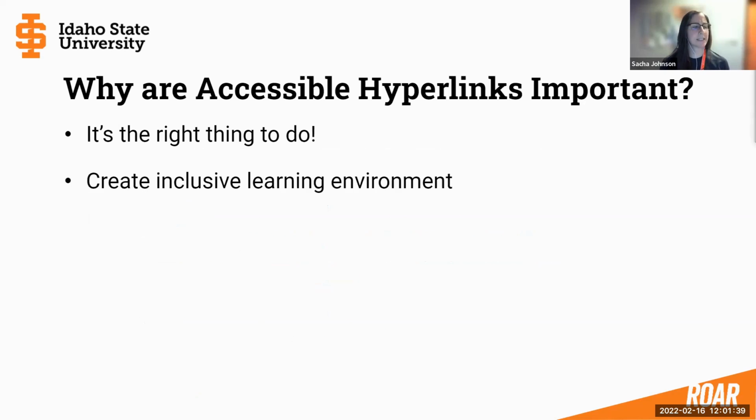So accessible hyperlinks can help create inclusive environments for all of our learners and help them feel valued. When we create those accessible hyperlinks, we're reducing barriers to access for all of our learners so they can interact with our course content. Because when we format links in an accessible way, we also make it so that assistive technologies can properly communicate the information to any learners who may be using those assistive devices to access course content.